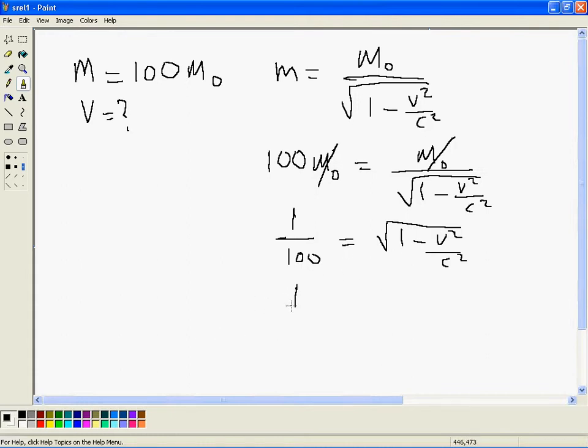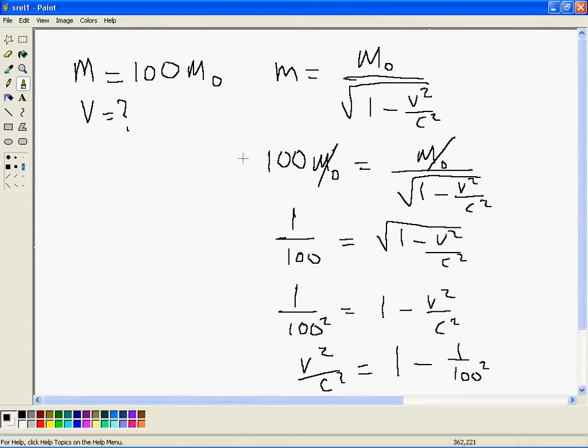So we'll get 1 over 100 squared is equal to 1 minus v squared over c squared. And now we want to isolate v. So let's take this term to the left hand side of the equal sign, and this term to the right hand side. So we get v squared over c squared is equal to 1 minus 1 over 100 squared.